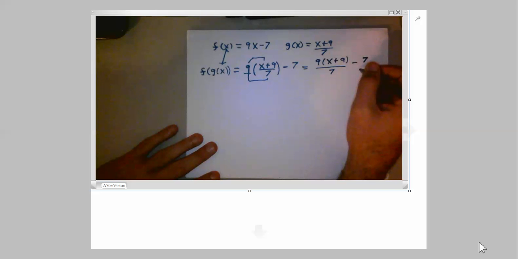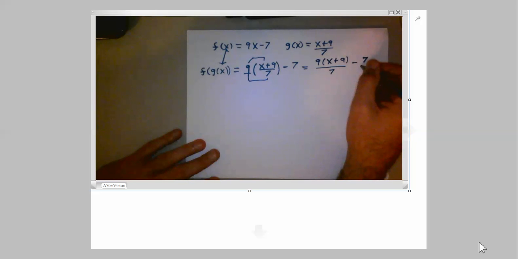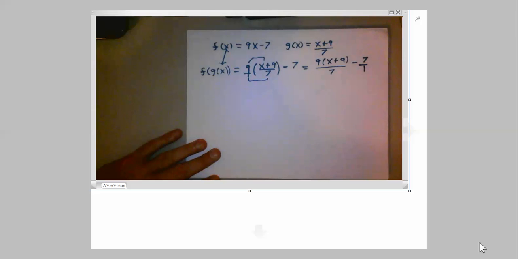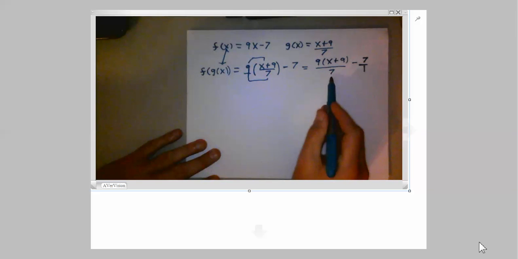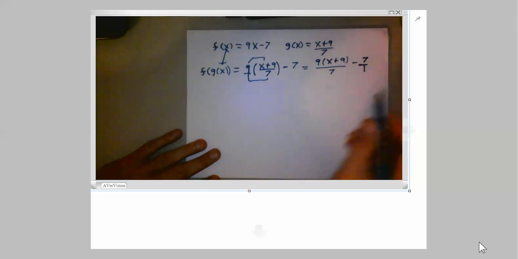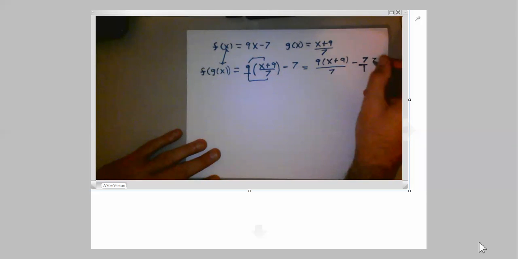But I want common denominators, and I want to work with fractions in the first place. So I'm going to write 7 as 7 over 1. Now this has a denominator of 7, this has a denominator of 1, so I'm going to multiply the numerator by 7 and the denominator by 7. I can do that because 7 divided by 7 is of course 1.